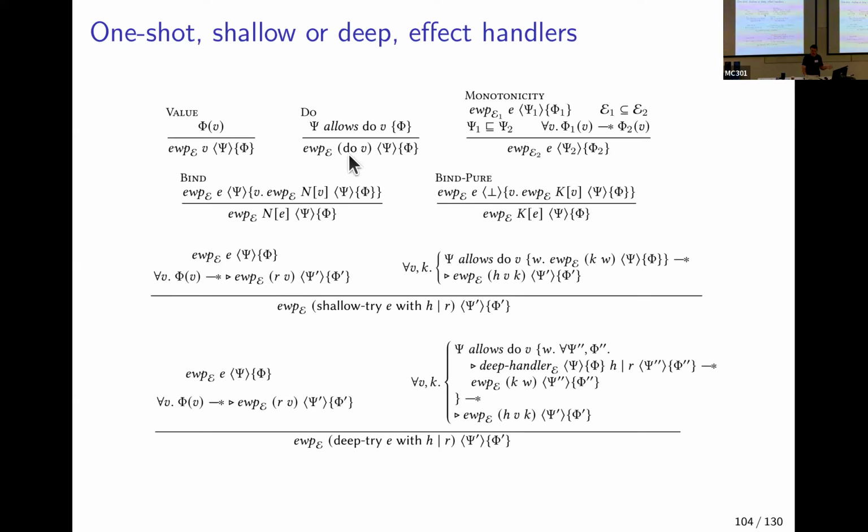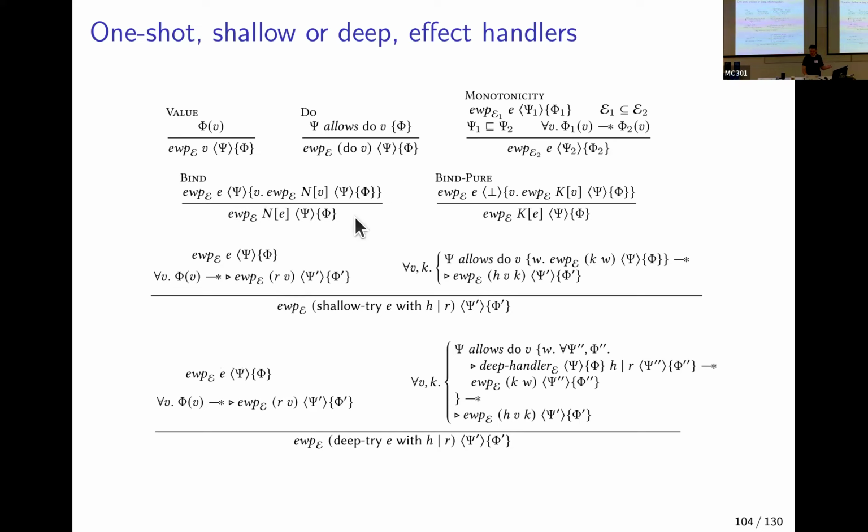What do you do for effects? When you perform an effect V, then psi must have this information that V is an allowed effect, and psi is a bunch of pre and post conditions for every effect, basically. I'll skip. So you have the bind rule.